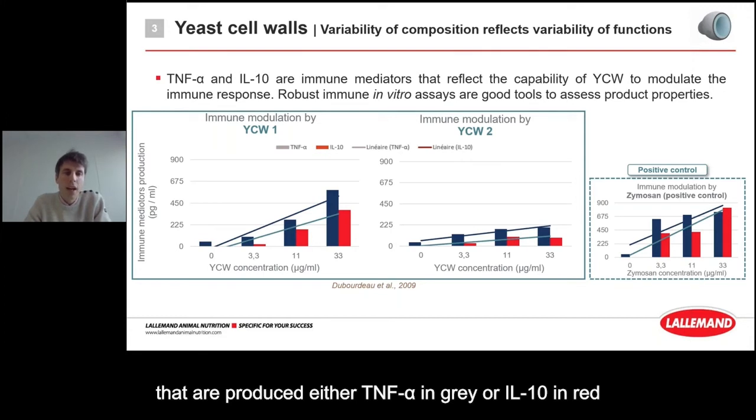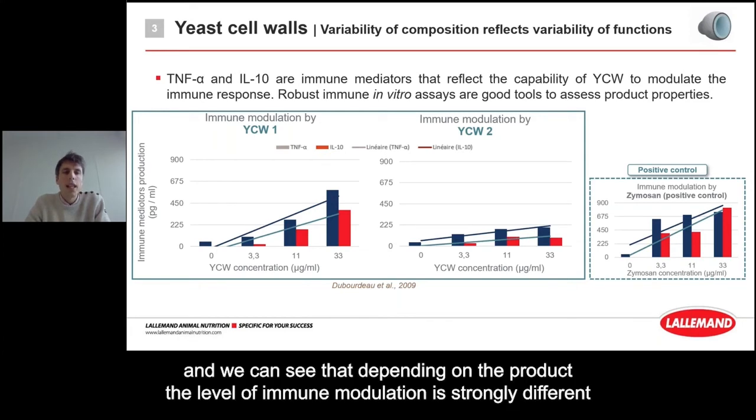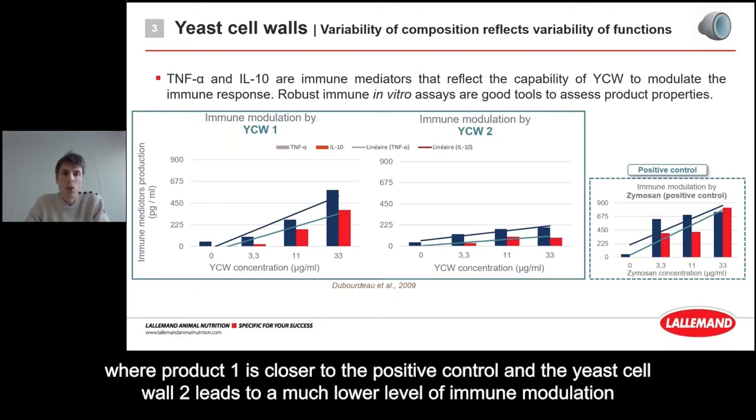in red. And we can see that depending on the product, the level of immune modulation is strongly different, where product 1 is closer to the positive control, and yeast cell wall 2 leads to a much lower level of immune modulation.